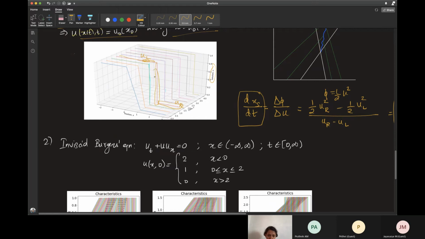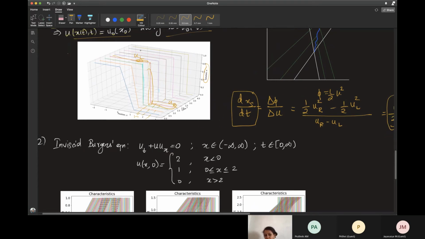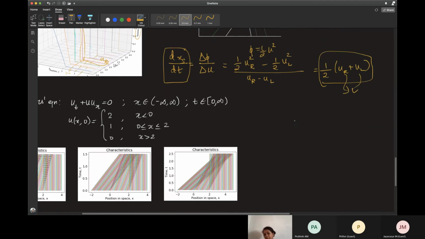At this point, it's somewhere over here, some 1.5. And at the next time step, it has moved still further towards the right. If you notice, the shock is moving towards the right, and you have constructed the solution to be piecewise continuous on the left and right of the regions of the shock.